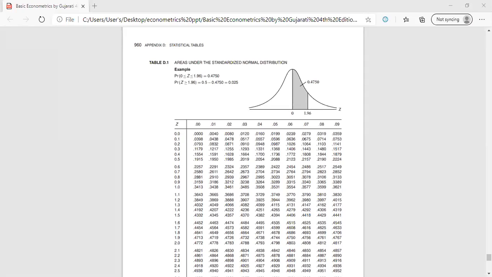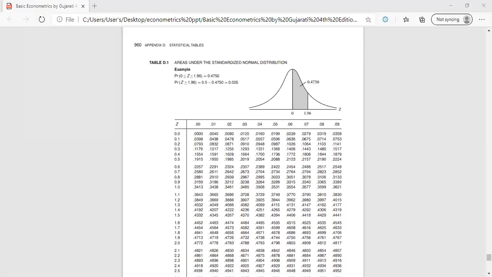So I could write it like this, to make sure: the probability that z is between minus infinity and 0, plus the probability that 0 is less than z less than 2.5. Is it true?